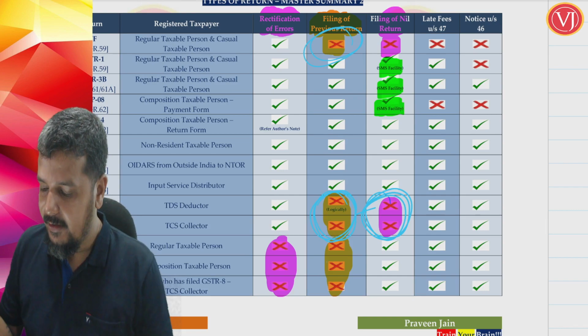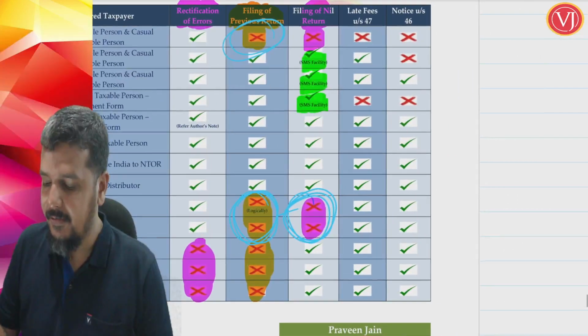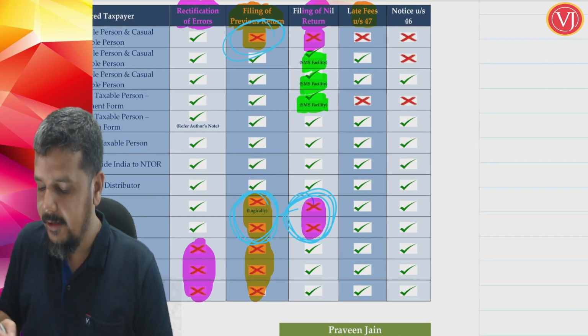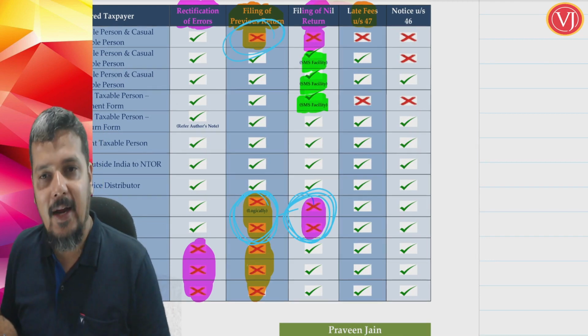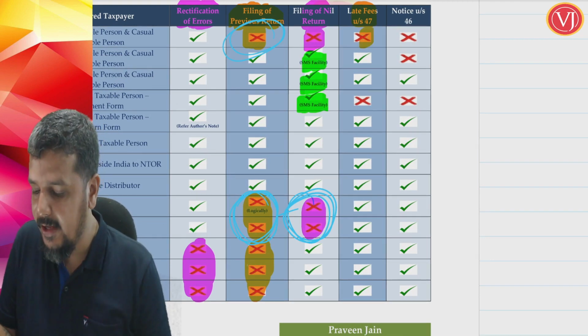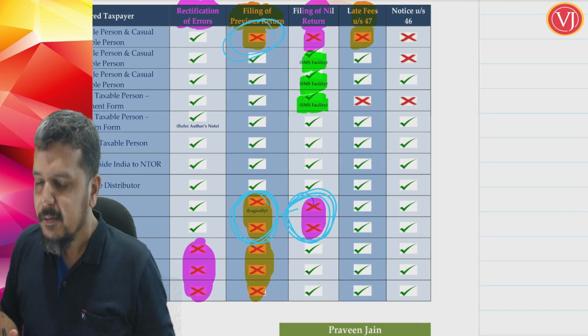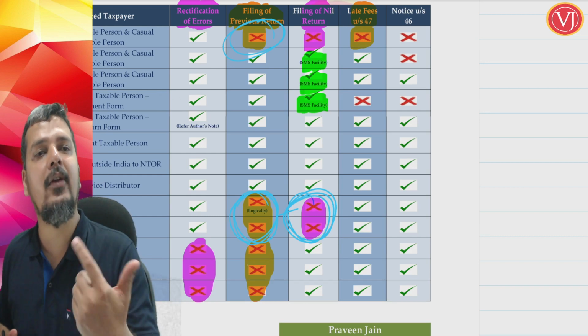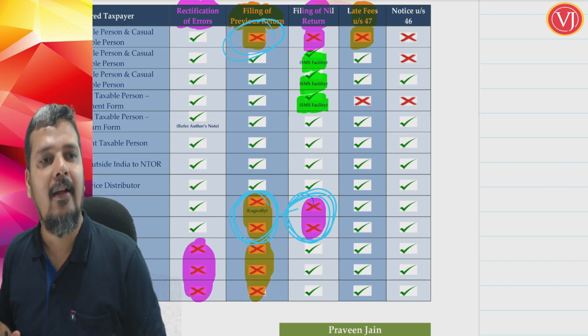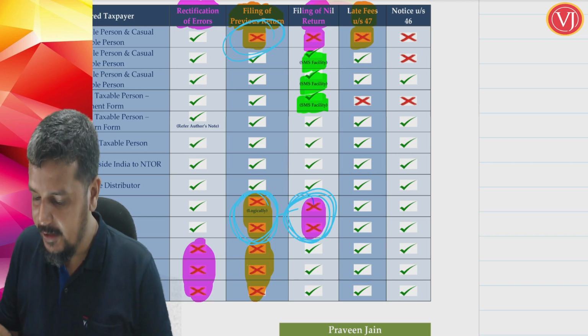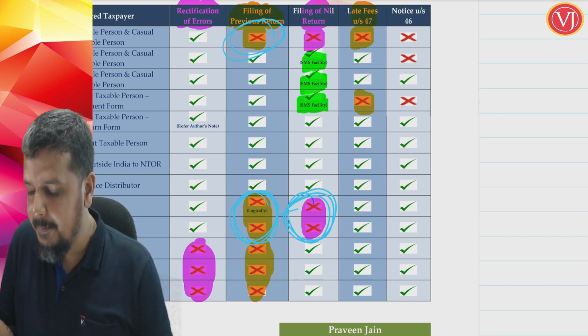Right. Now, if you are filing your return late, you have to pay late fees. Now, late fees is not applicable in case of IFF. Very simple reason, because it is optional. And after all, IFF, after the due date, you cannot even file it. Then, CMP 08.